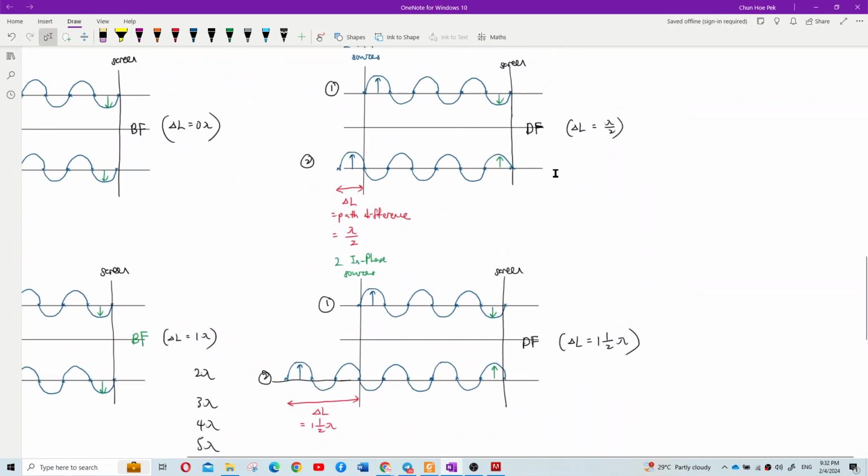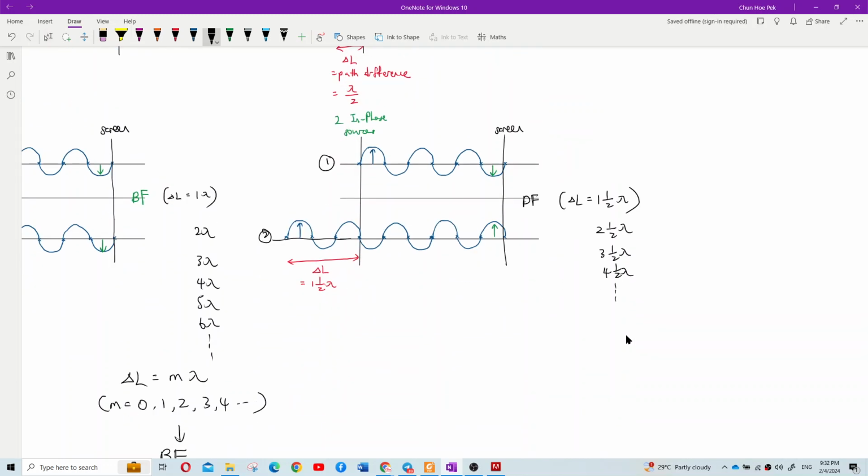But if you see the pattern here, class, if you have just one extra half lambda, either half lambda or 1.5 lambda, you can predict the next one will be 2.5 lambda, 3.5 lambda, 4.5 lambda, and so on.